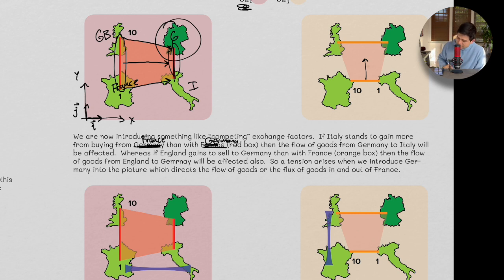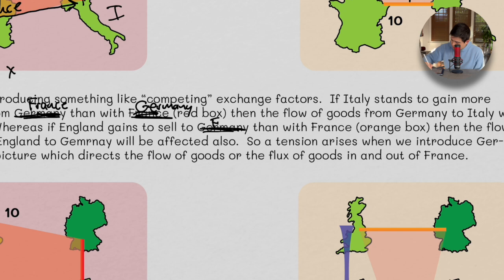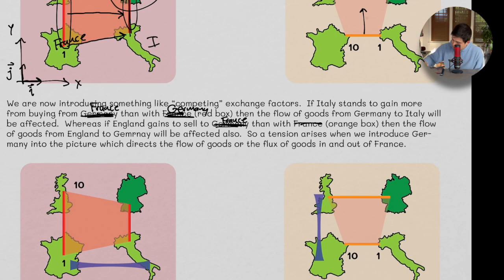Okay. Whereas if England sells to France, right? This is where I should get the shapes of my countries right. This should be France. Then with Germany again, right?